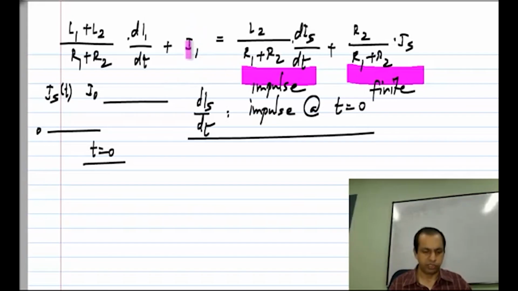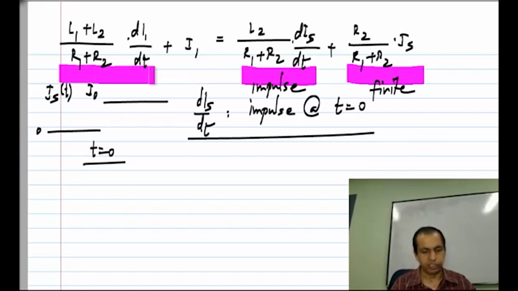I1 also must have a jump, because if I1 is continuous, then the slope of I1 will be finite everywhere, and you can never balance an impulse on the right hand side with only finite quantities on the left hand side. So, the only way for this equation to be satisfied is for I1 to have a step, which means that the first derivative of I1, di1 by dt, is also an impulse.